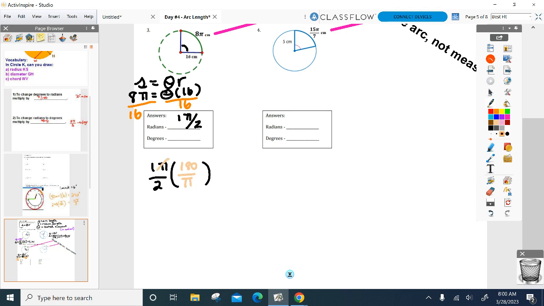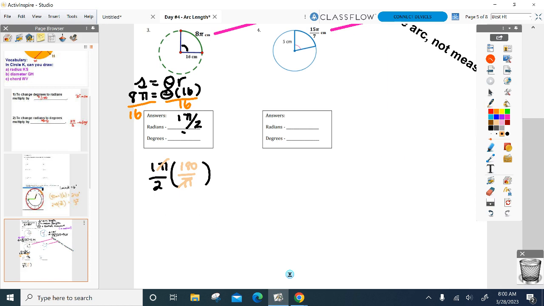Look what happens, right? The pi's cancel. And then I'll let you guys figure out how many degrees are in that angle. When you're ready, how many degrees? 90 degrees.